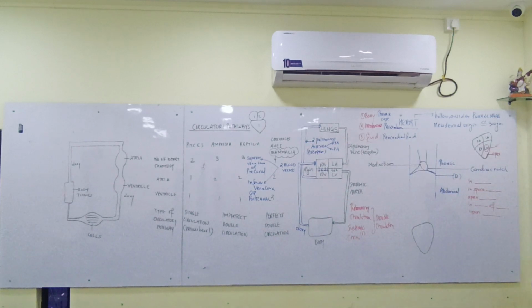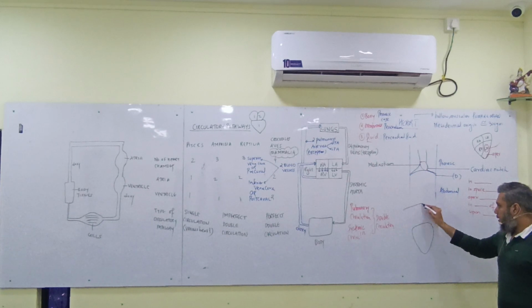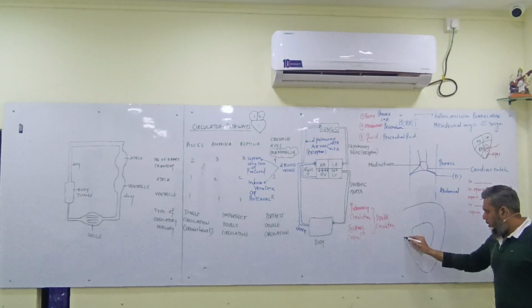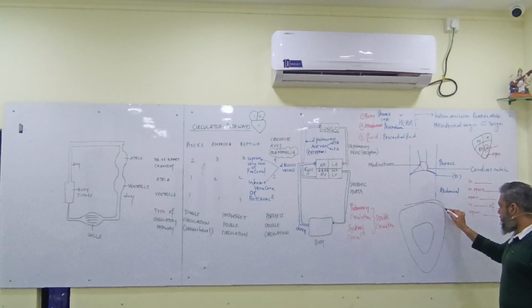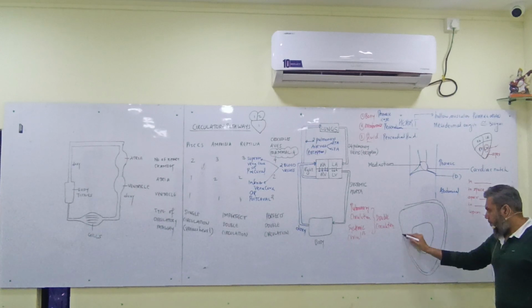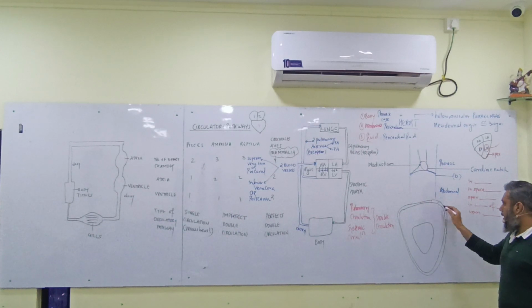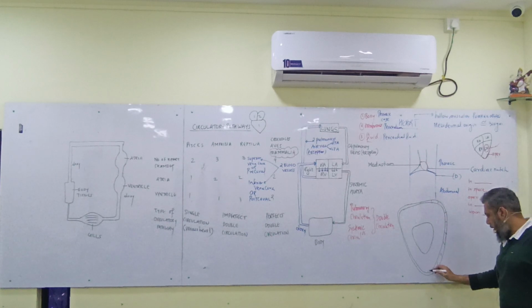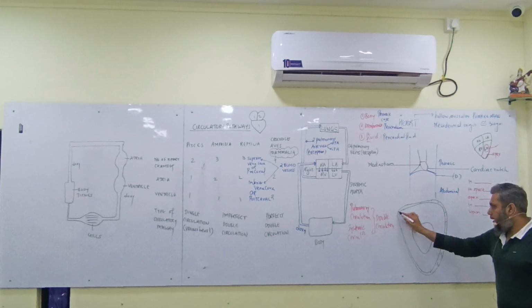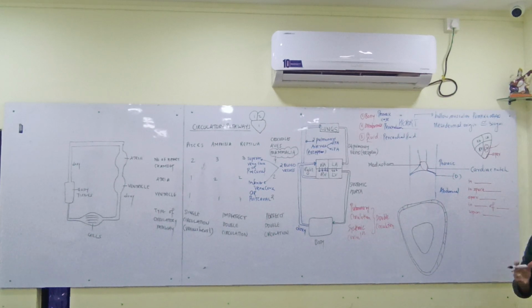Okay? And it is covered by a thick, fibrous connective tissue, guys, which is like a sac, like a protective thing, like a box, which is what your mobile phone has, a protective thing, the pericardial sac.